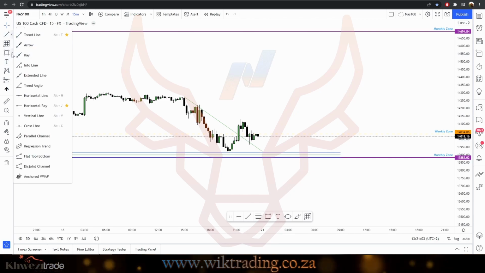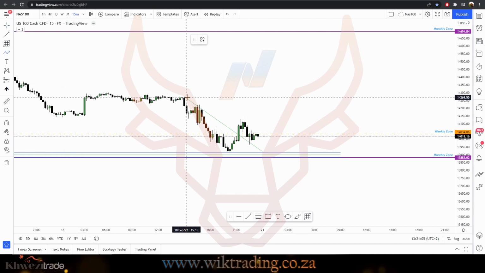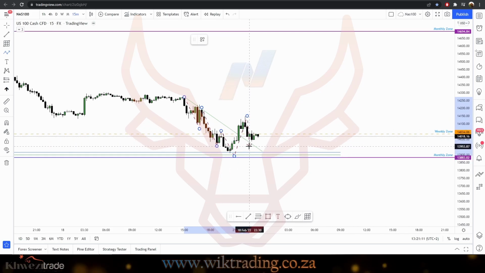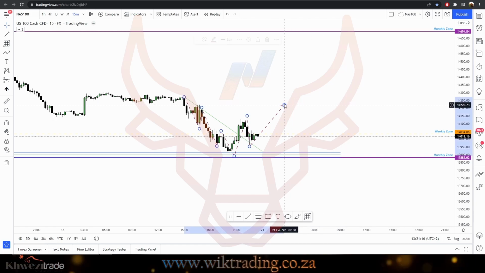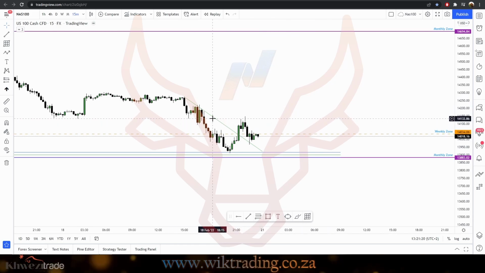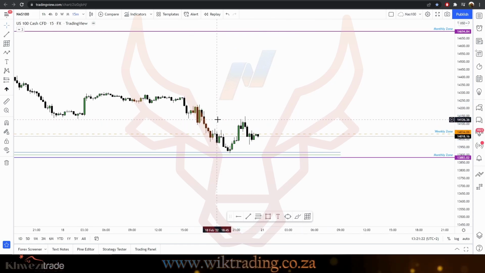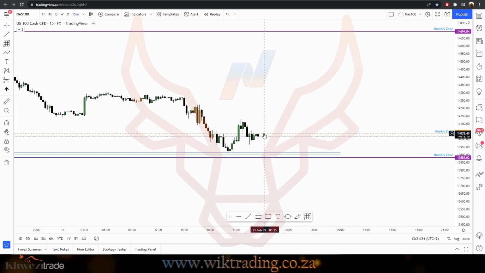So the question is, can we expect the market to actually do this? Breakout, retest, continuation back up. Can we expect something like that and then possibly wait to catch another buy entry on the higher time frames at this specific zone if the market allows us? I'm not sure. Let's see.